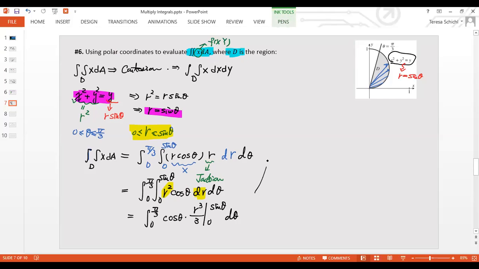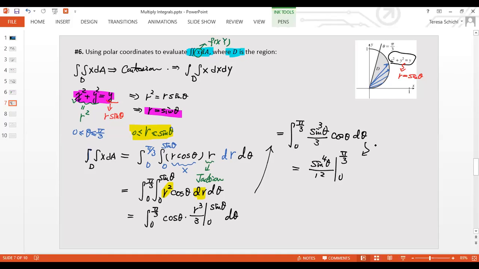So you substitute, and this is going to give you the integral from 0 to pi over 3 of one third sine cubed theta cosine theta d theta. Now you can use substitution, and the answer is pretty easy, right? This will be sine to the fourth theta over 12, from 0 to pi over 3.